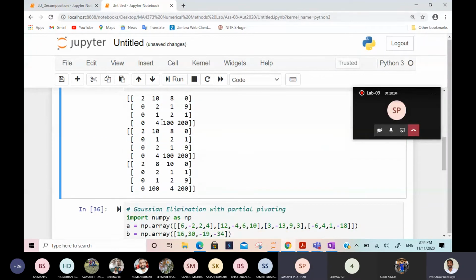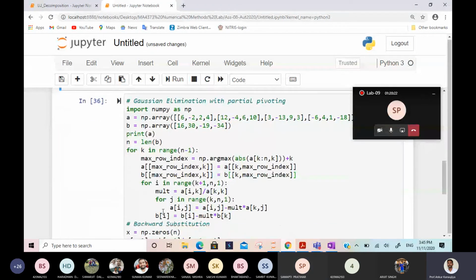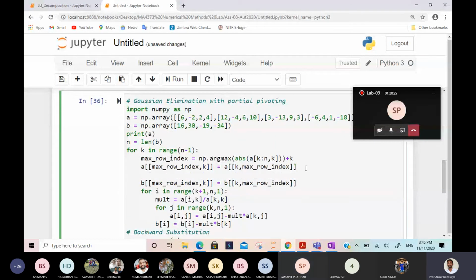You can clearly see this 10 will go here, 8 will come here. Column 1 interchanged with column 2. So in the matrix you have to interchange the column also. First interchange the row, then the column, or first the column, then the row. Right?